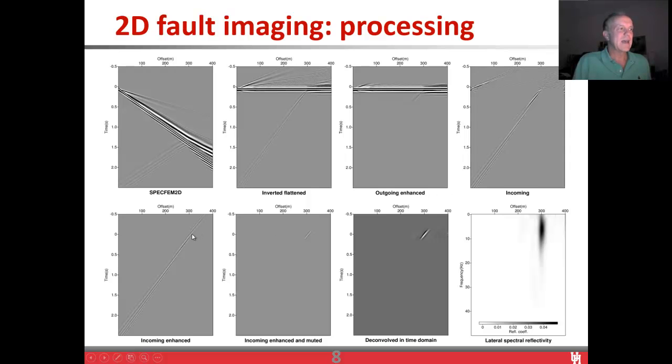Then we can enhance that and actually back propagate it and mute it, and then deconvolve it with the enhanced outgoing wave. So we'll do another deconvolution. Then from this we can look at the spectrum, and the spectrum in frequency and position gives us our first type of picture. So finally, after all this processing, we've got offset and frequency.